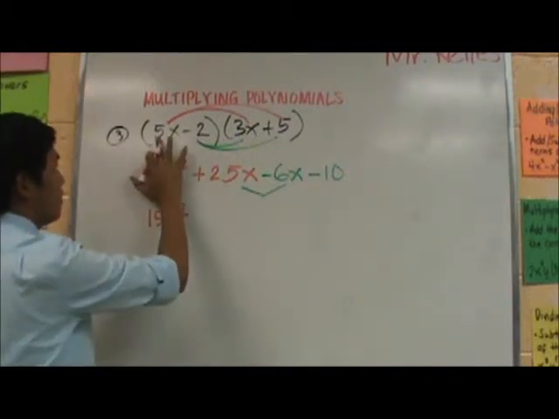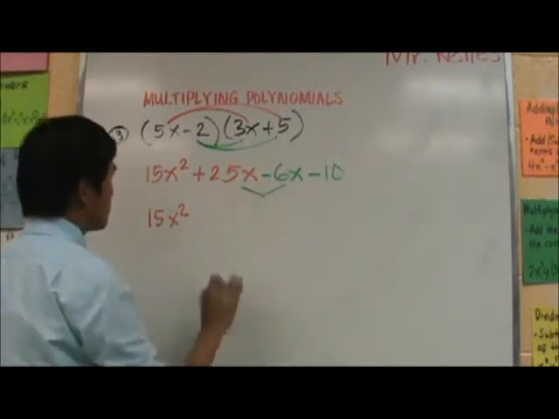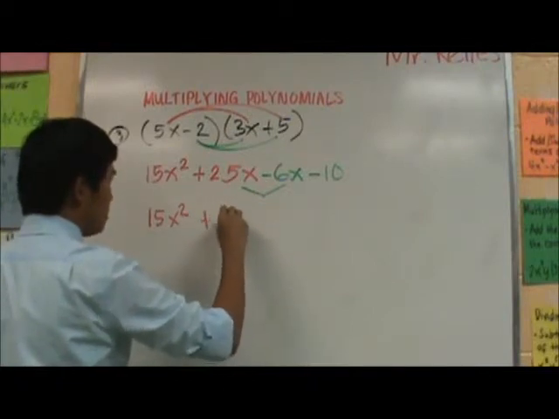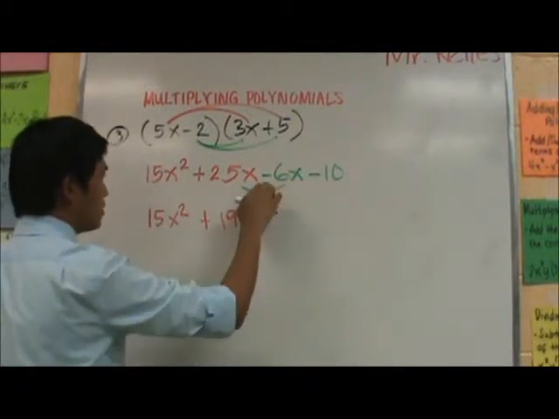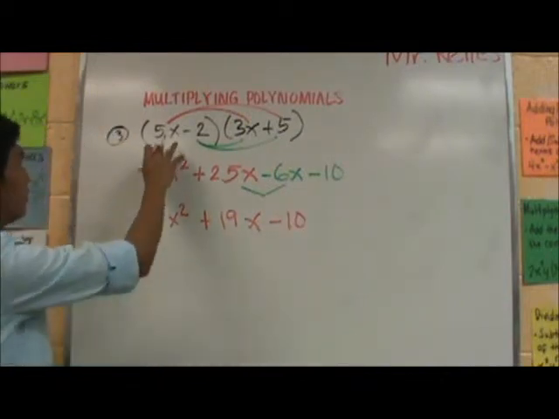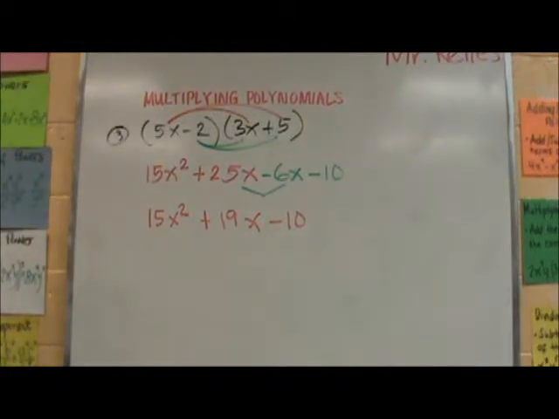We don't have other x squared, so we're just going to write it down, and then 25 minus 6, using your calculator or mental math, it will be plus 19, and then copy the common variable, which is x, and now you have minus 10. This is now the product of a binomial and another binomial.